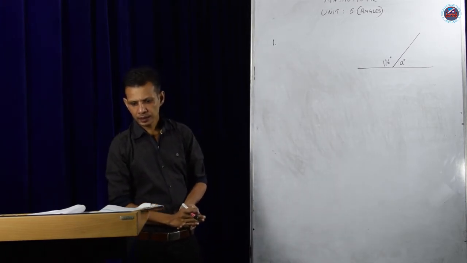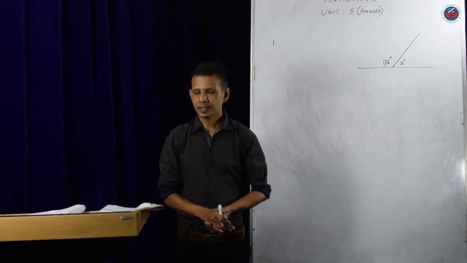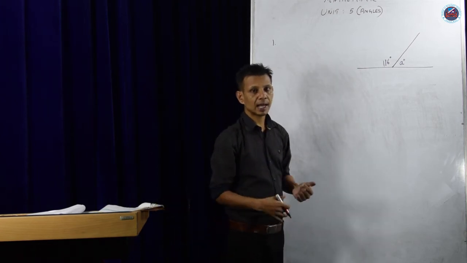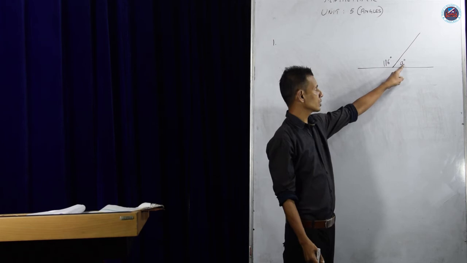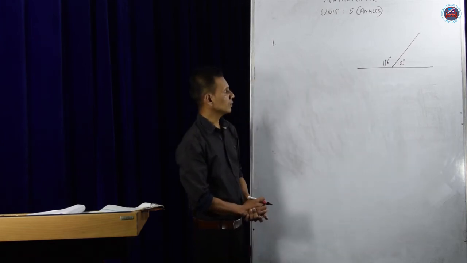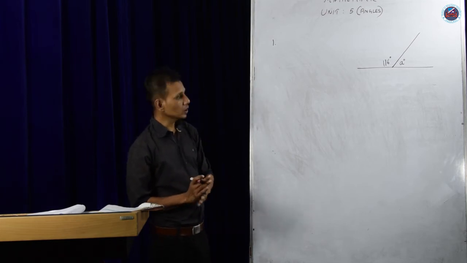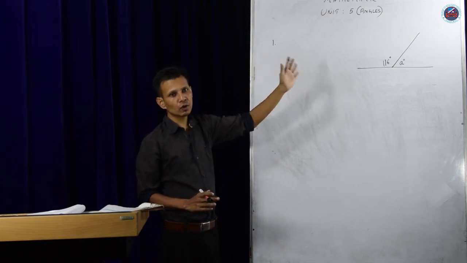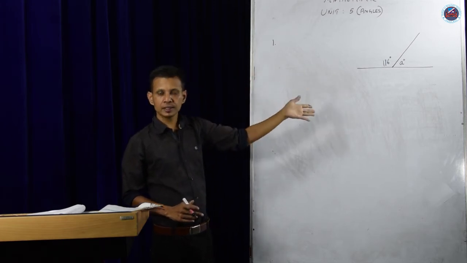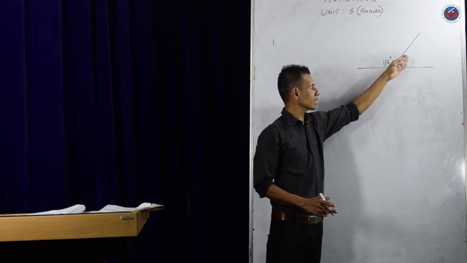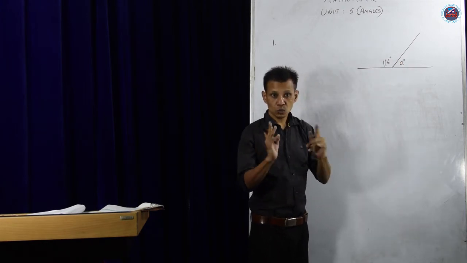They said, calculate the size of the lettered angles. Lettered angles means letter, alphabet. You have to find A. Okay? Just now I told you, on a straight line, let it be 2 angles, 3 angles, 4 angles, 100 angles, when you add up all the angles on a straight line, you will get 180 degrees.